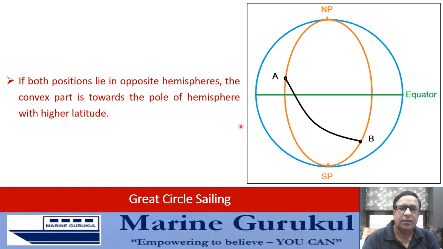You can see in this diagram we have position A in the northern hemisphere, and position B in the southern hemisphere. Needless to say, latitude of B is higher than the latitude of A. So the track between AB or BA is curved towards the southern pole because the southerly latitude is higher than the northerly latitude.